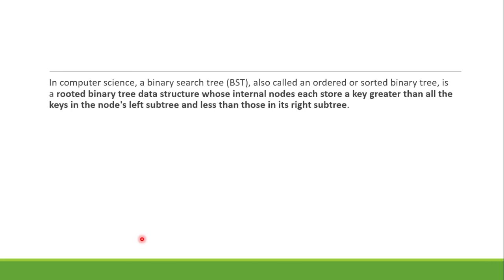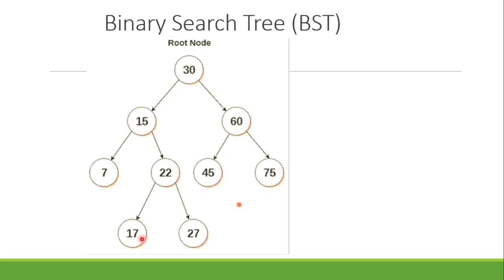Its internal nodes each store a key value greater than all the keys in the node's left subtree and less than those in the right subtree. So, this is the example. For any node in the tree, its left subtree will have lesser values. Its right subtree will have greater values.